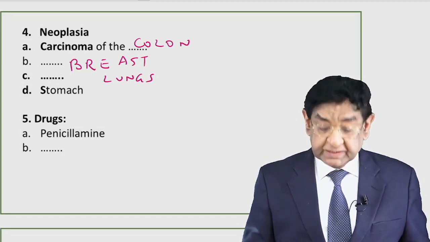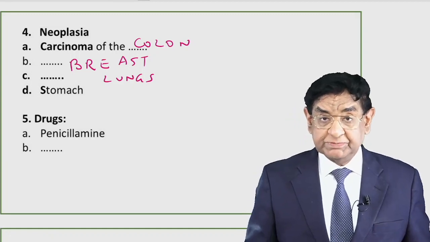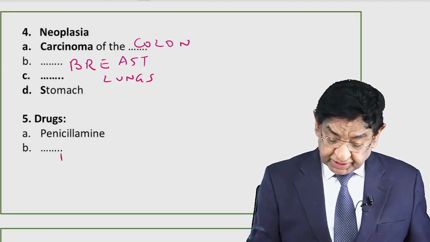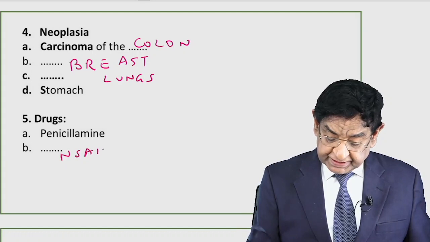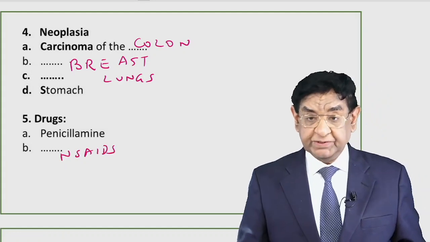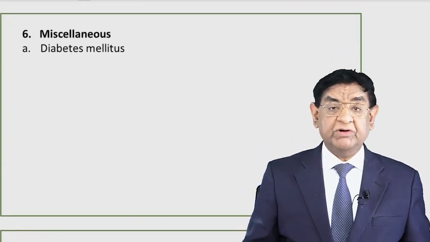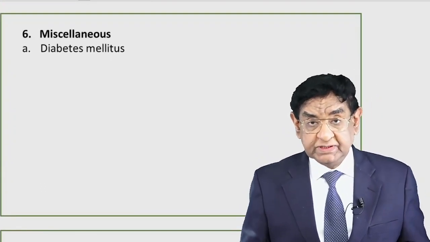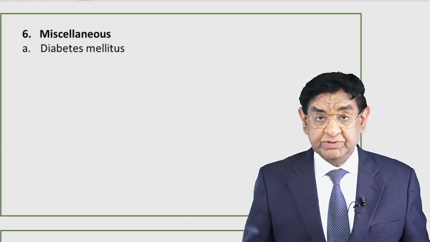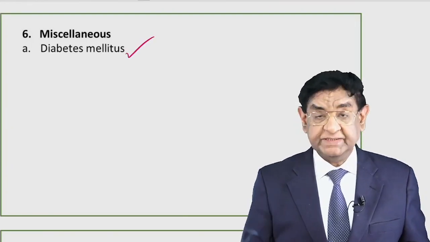This can be caused by certain drugs also, especially penicillamine or non-steroidal anti-inflammatory drugs. There are certain miscellaneous causes, and the most important disease that belongs to this category is diabetes mellitus.